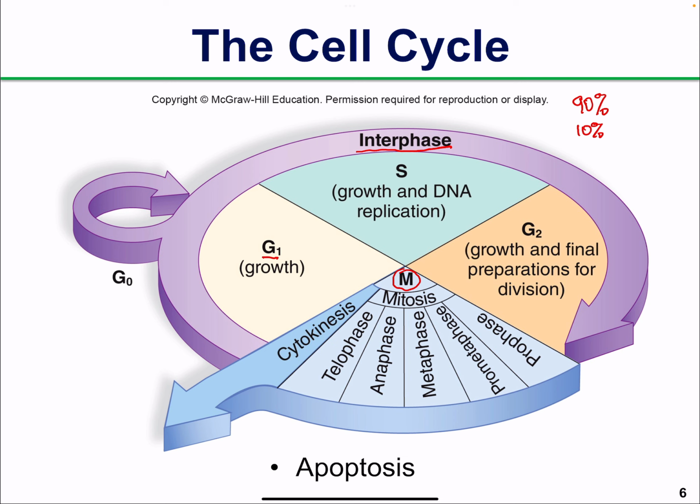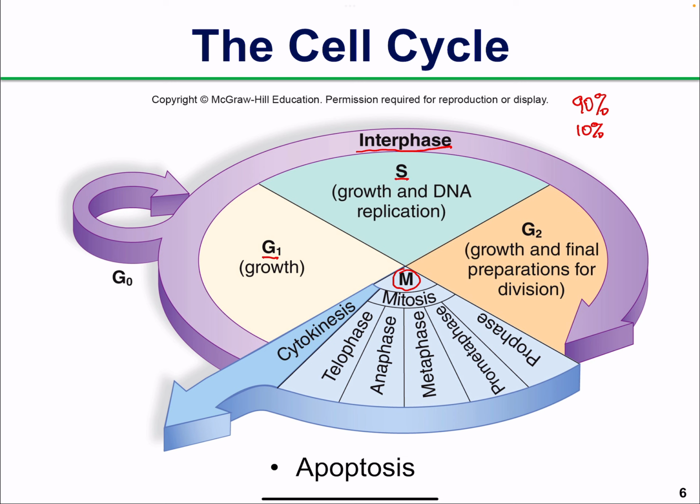Now, a brand new cell is going to go through a subphase called G1. That G1 phase is a phase during which the cell is growing, right? It is growing. It is doing the job it was designed to do in the body, right? Then we have another phase. That phase is the S phase.